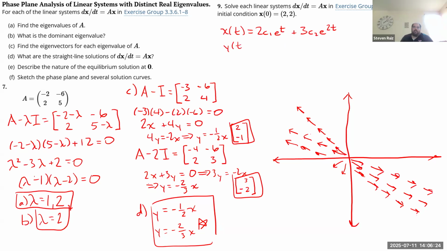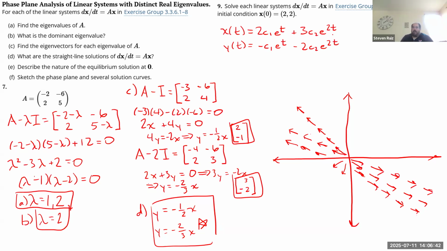And then y of t is equal to negative c1 e to the t minus 2c2 e to the 2t.